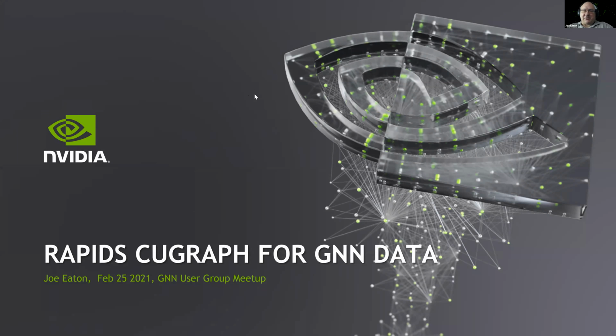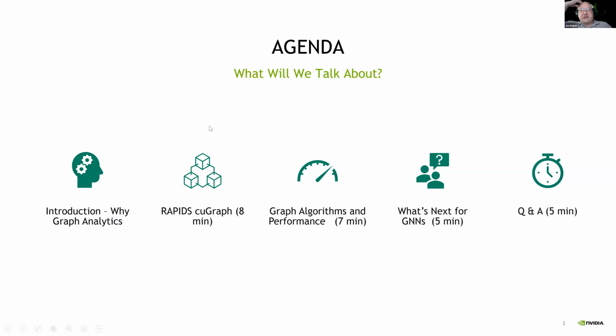All right, so I'll talk briefly about Rapids and CuGraph and how we can bring this together with the graph neural network topic that we're all here to hear about. So here's what we're going to talk about briefly. Why do we care about graph analytics in the first place? John just talked a lot about it. What are some real down-to-earth use cases for this? What's Rapids?